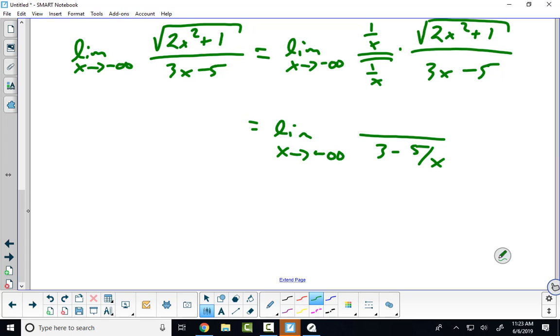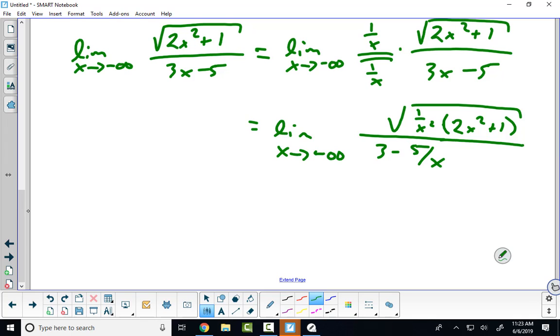So eventually x is going to take on what values? Negative values. So what does that make the expression 1 over x? It's a negative expression, right? So I'm now going to pass 1 over x inside the square root, just as I did before.